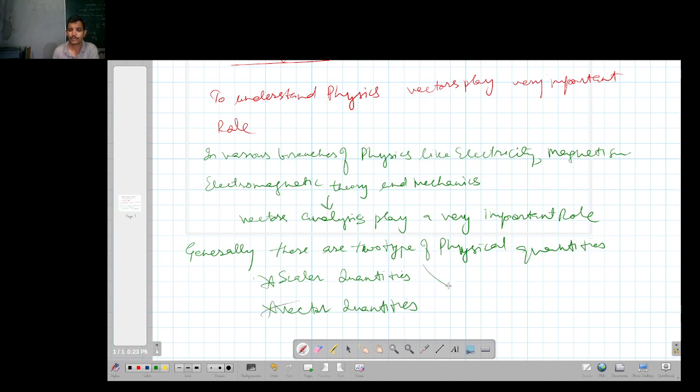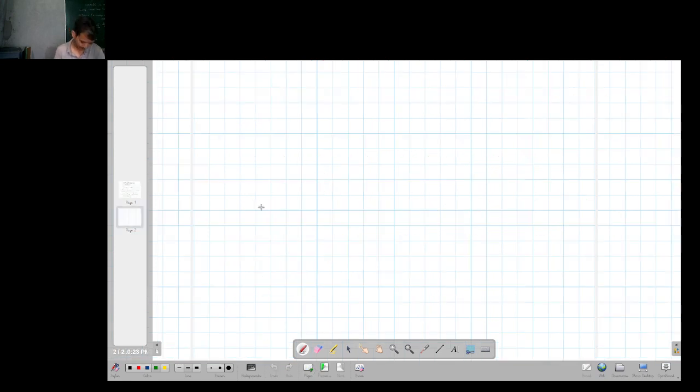So these are the two types of quantities generally with which we will deal in physics. So the quantities which have only magnitude and no direction are called scalar quantities.